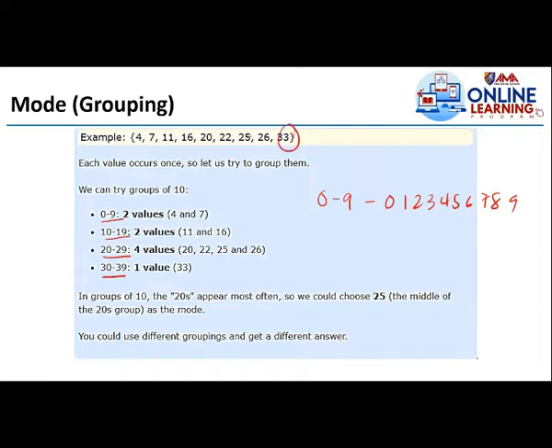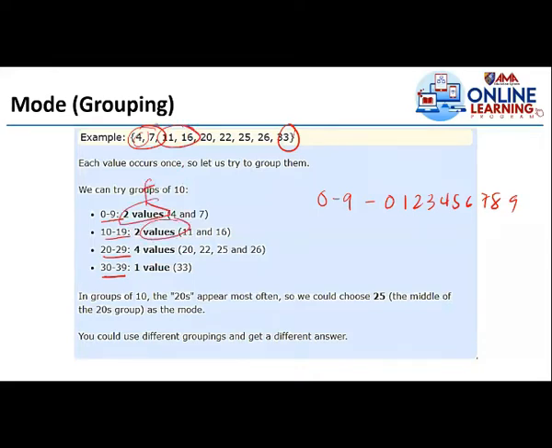So it is based on the values here, on what the limits are. Let's start with 0 up to 9. The only numbers that fall in the 0 to 9 group are 4 and 7. Next is 10 to 19. Only 11 and 16 fall there, so 2 values.